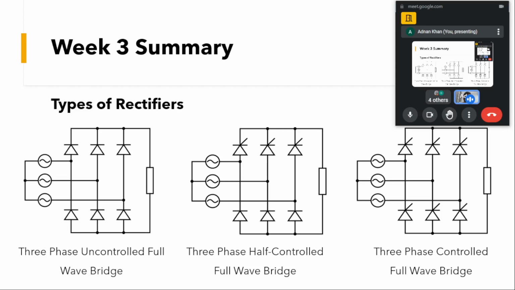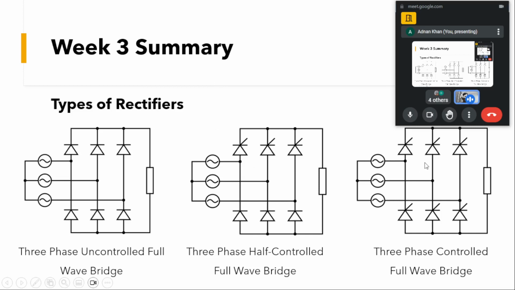We will turn on these devices accordingly. And the bottom three devices are diodes, which are uncontrolled. So this three phase full wave rectifier is partially controlled or half controlled.